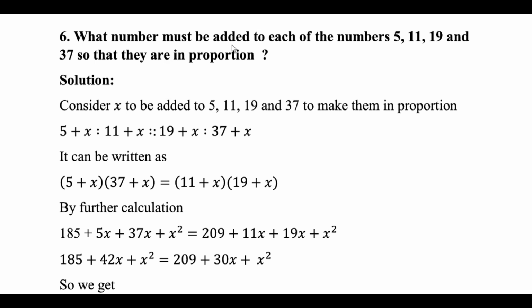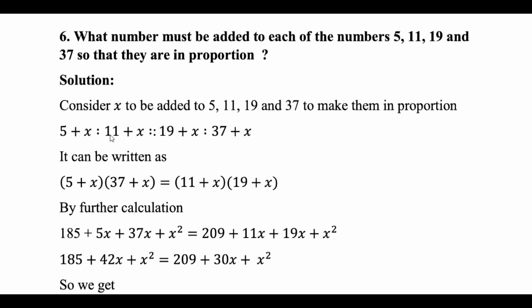What number must be added to each of the numbers 5, 11, 19, and 37 so that they are in proportion? So let's take x to be added to 5, 11, 19, and 37 to make them proportional.